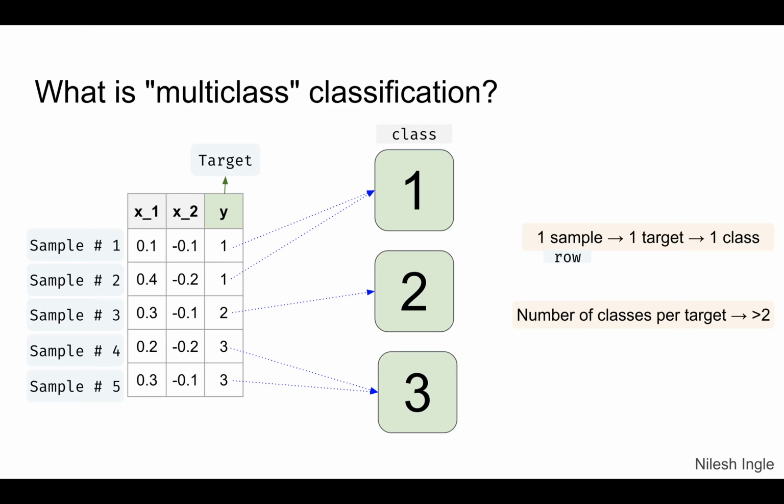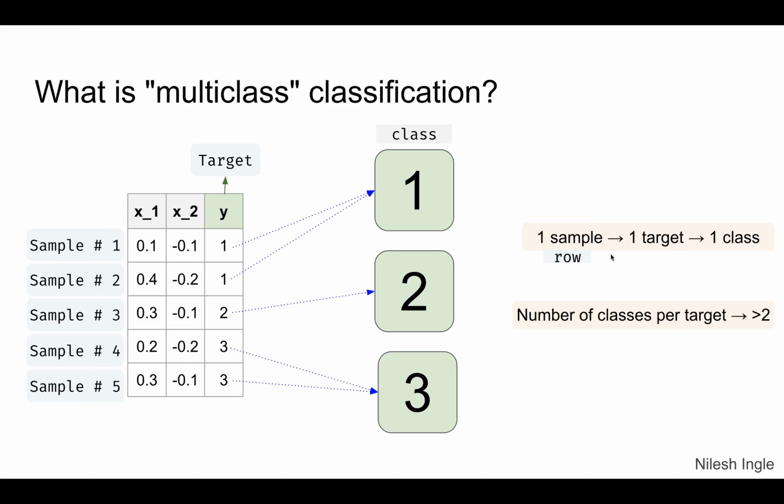In general, what we have known in case of binary classifiers is that the classes are either 0 or 1. And so in this case, we have an additional third class. So we have 1, 2, and 3 classes. So that's multi-class.